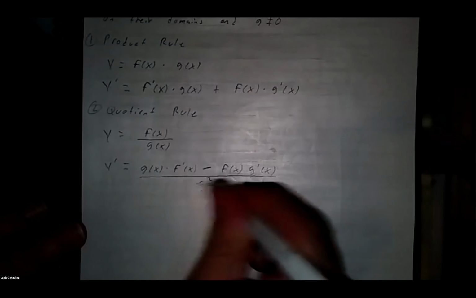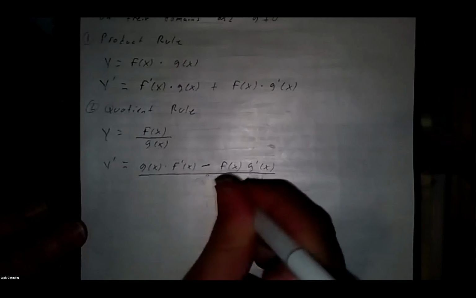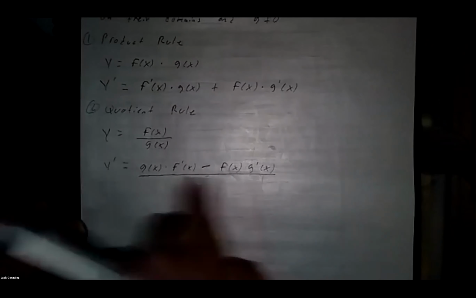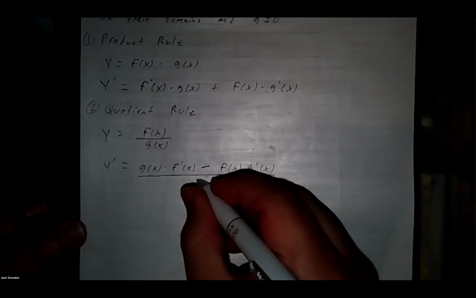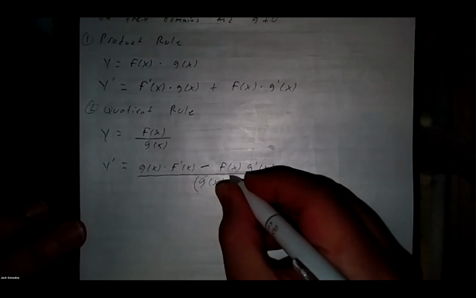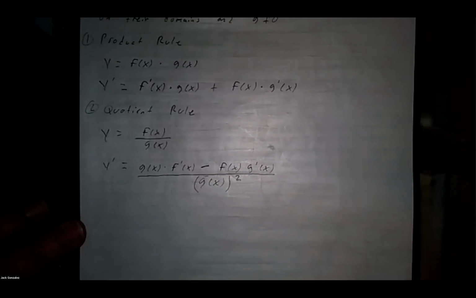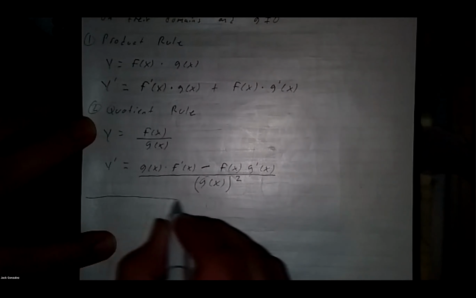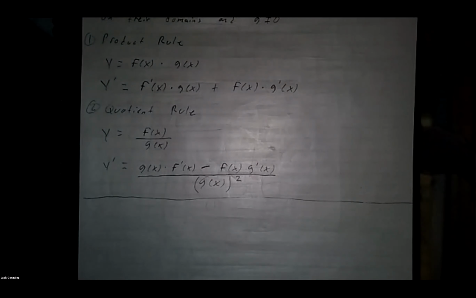Actually, let me write that better in parentheses instead: (g of x) squared. Okay, so these are the rules we're going to be using for today. So here are your formulas.